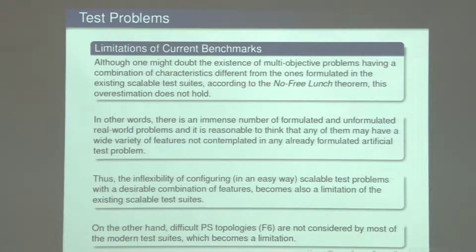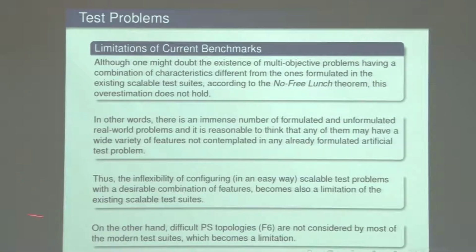So one might doubt the existence of multi-objective problems having a combination of characteristics different from those in the existing test suites, but these problems should exist by the no-free-lunch theorem that I mentioned before, because there is an immense number of formulated and unformulated real-world problems, and it's reasonable to believe that any of them will have a wide variety of features that are not already included in any of the test suites we have today.